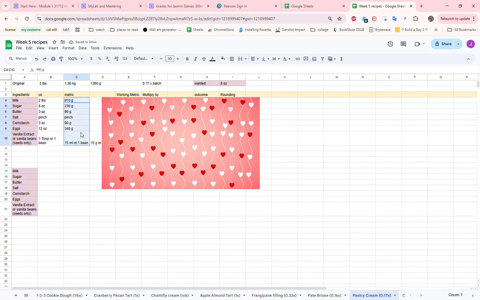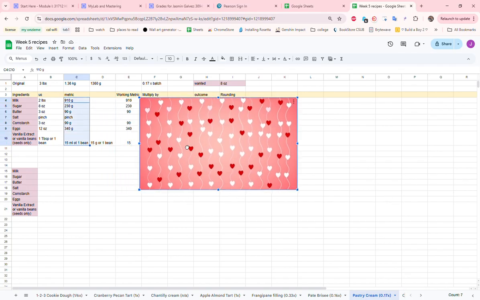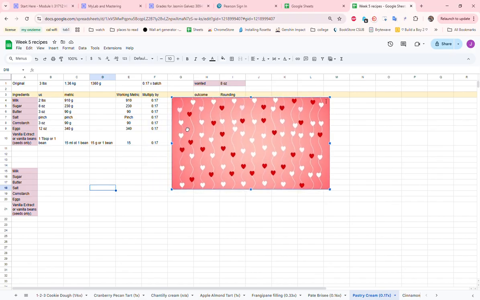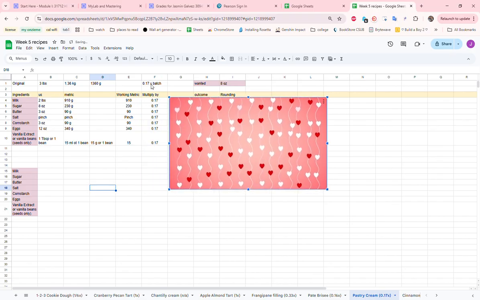And now we have our working metric. As you can see, it's the same exact numbers except without the grams behind it. And we multiply by the batch number. So everything is going to be multiplied by 0.17.